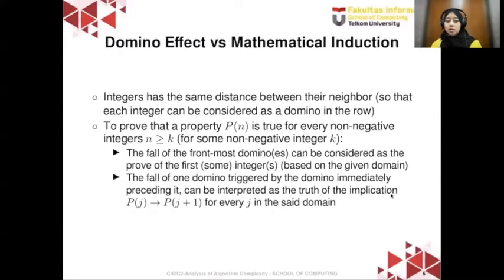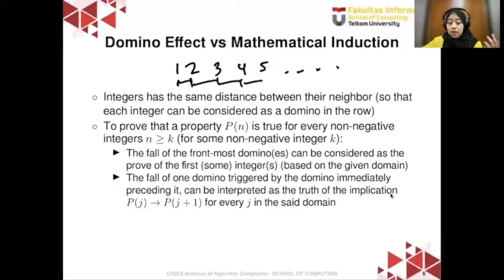If we compare it with mathematical induction, integers also have the same distance between their neighbors, so each integer can be considered as a domino in a row. If we have positive integers 1, 2, 3, 4, 5, and so on, the distance between each neighbor is exactly 1.